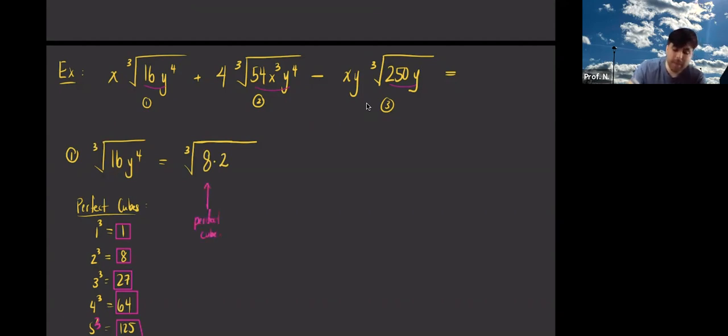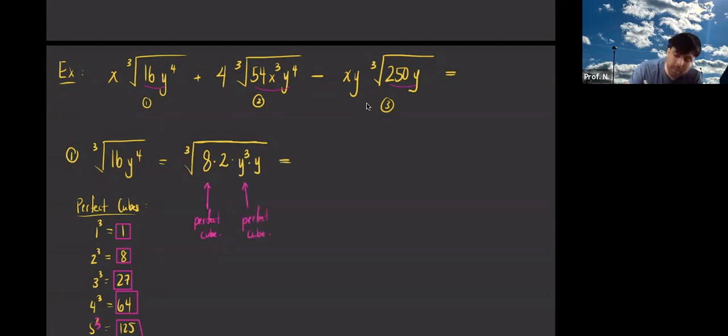And now my question is, how do I break down y to the fourth where one of those factors is a perfect cube? Well, for this case, I can rewrite y to the fourth as y cubed times y, and y cubed is a perfect cube. 2 is not a perfect cube, y is not a perfect cube.